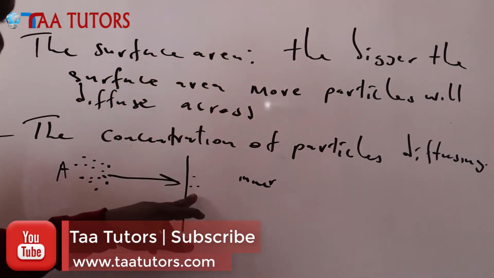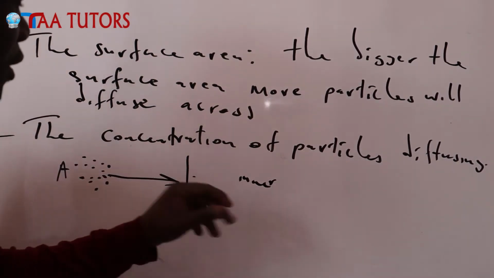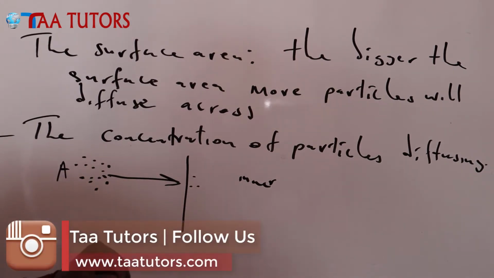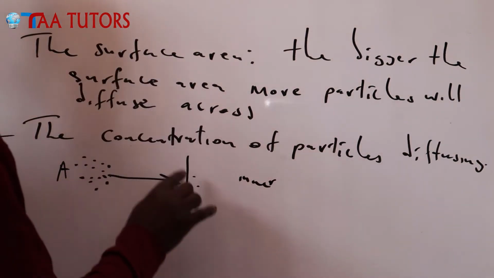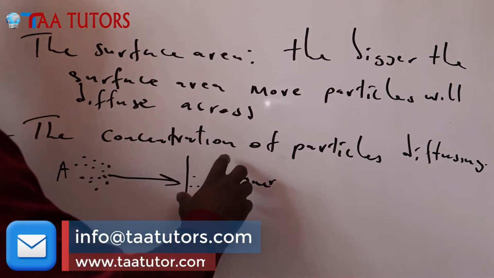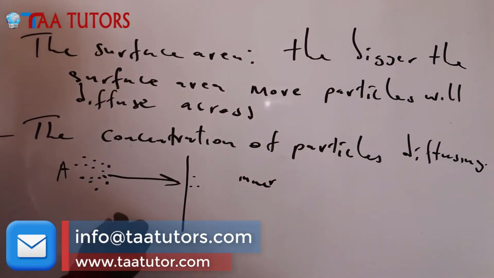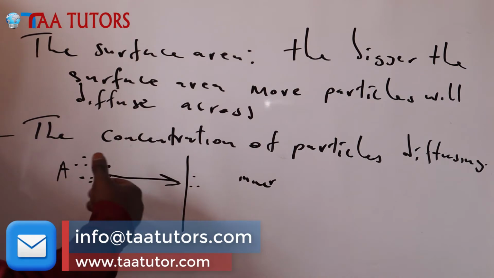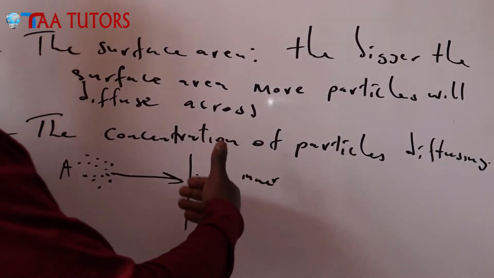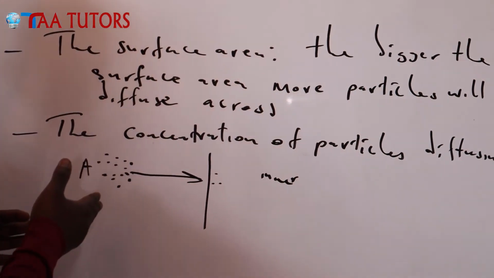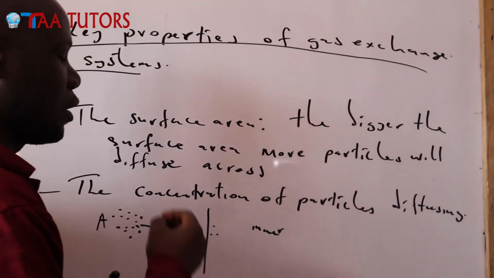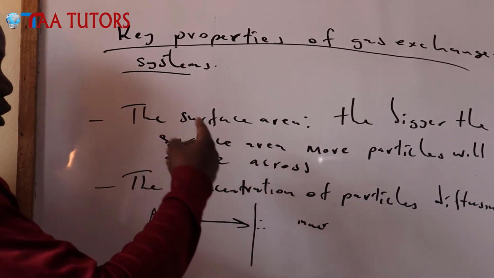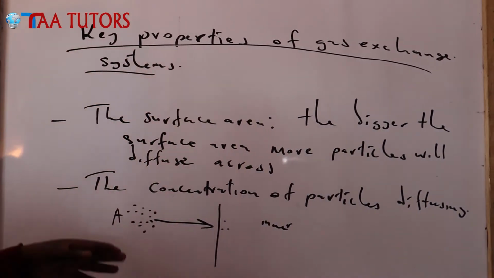That is the taking away of these particles, either into organelles that will be using them up for cellular respiration, for example the mitochondrion, or these molecules will be converted to new things so that their numbers keep on reducing. When it is maintained like that, the concentration gradient will remain steep, and therefore there will be continuous diffusion of particles as much as we may need them. So that is a key factor. Therefore the concentration of the particle is a key factor for the diffusion of molecules across the membrane, and the membrane must assist in maintaining that.